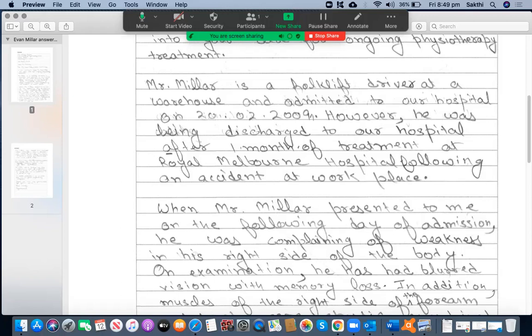However, he was being discharged to our hospital after 1 month of treatment at Royal Melbourne Hospital following an accident at workplace. This is wrong. So in this case, there are a couple of mistakes. Let me go through them.